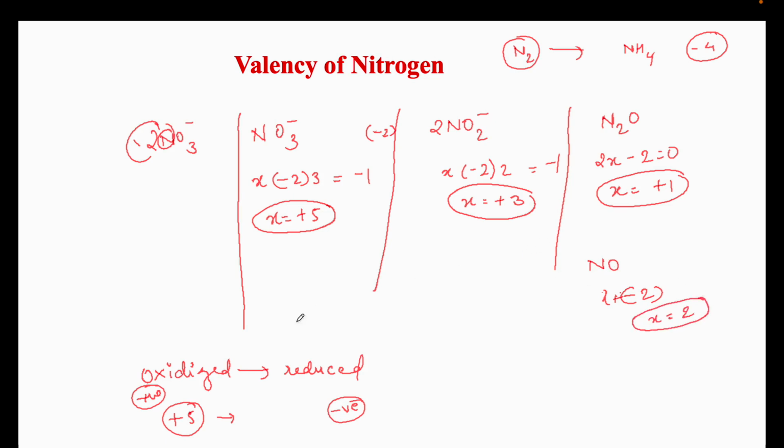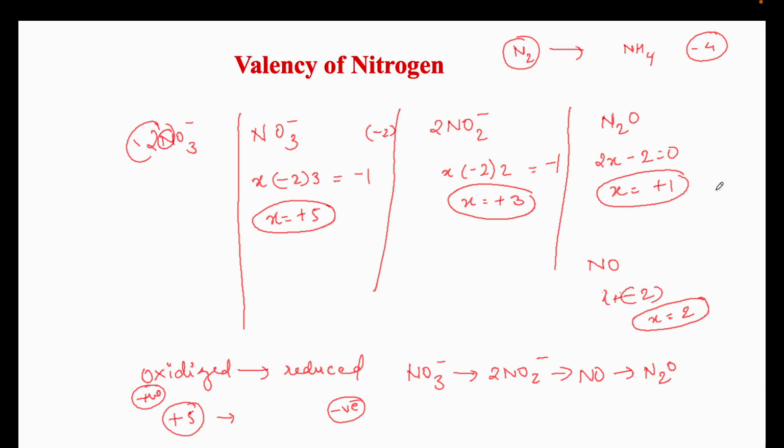If we want to rearrange this from the most oxidized to reduced, it will be NO3 minus, then NO2 minus, then NO, and then N2O.